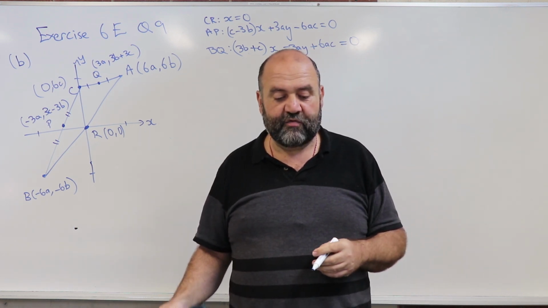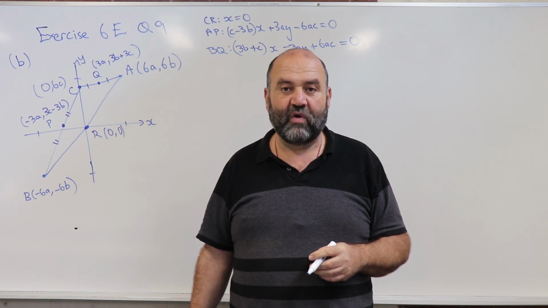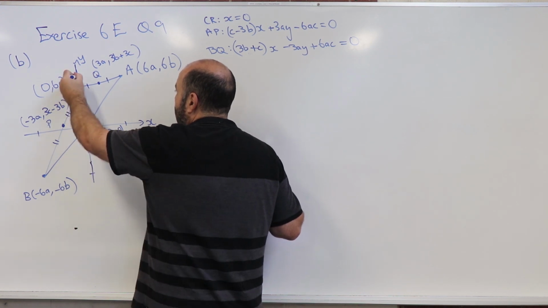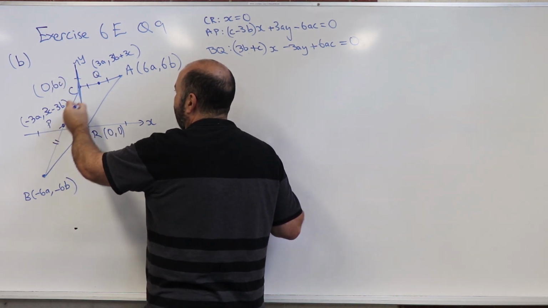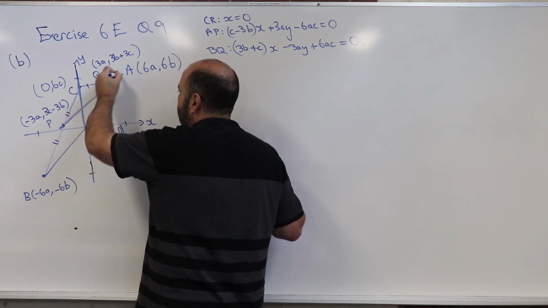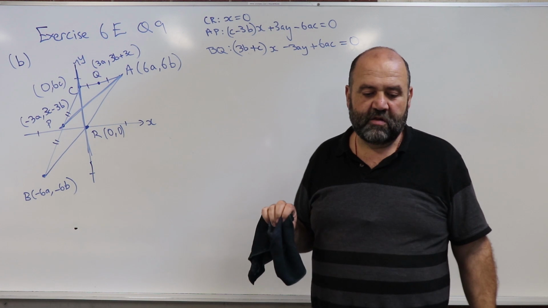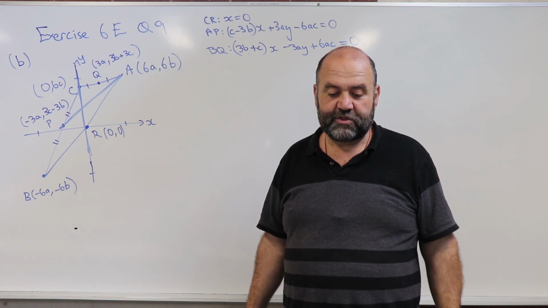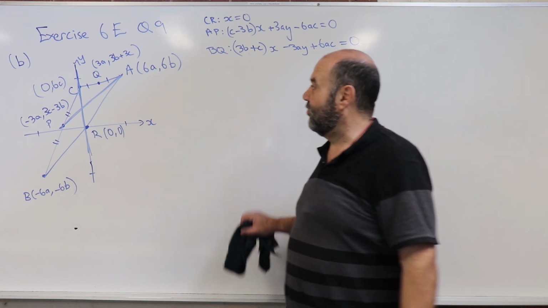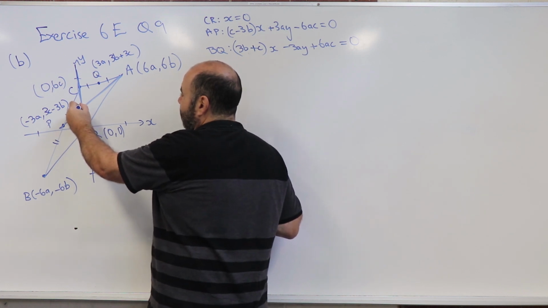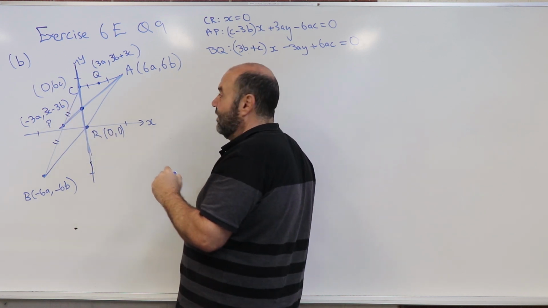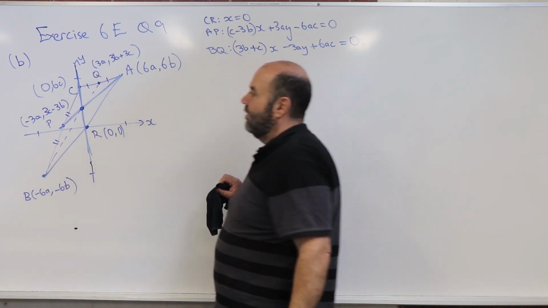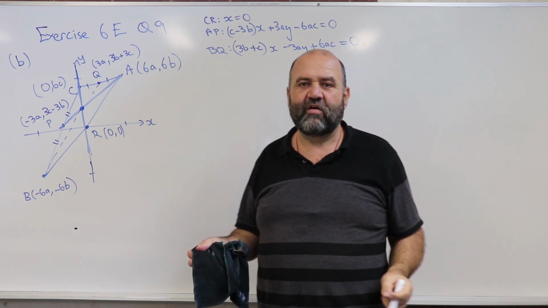Find the point where the median through C meets the median through A. Well, here's the median through C, and here's the median through A. So it says find the point where the median through C meets the median through A, and show that this point lies on the median through B. So what we need to do is to find that point there, and then show that that point lies on this line here. Okay, in other words, we're going to show that they're concurrent lines.